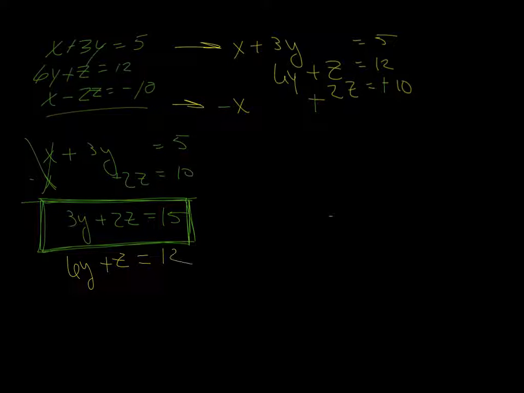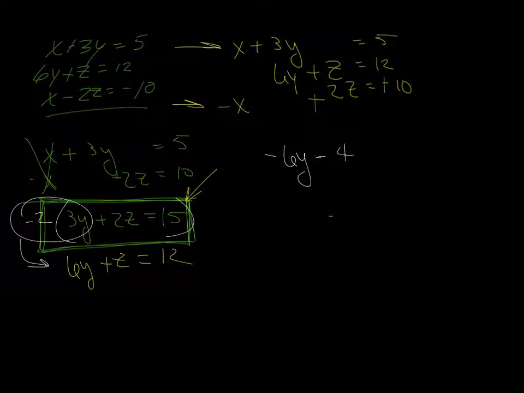I just grabbed this one, which has a y and a z already, put it down there, and I'm going to multiply this top equation by negative 2 so that this becomes a negative 6, so I can add it to that. And my bottom one I'm leaving the same.